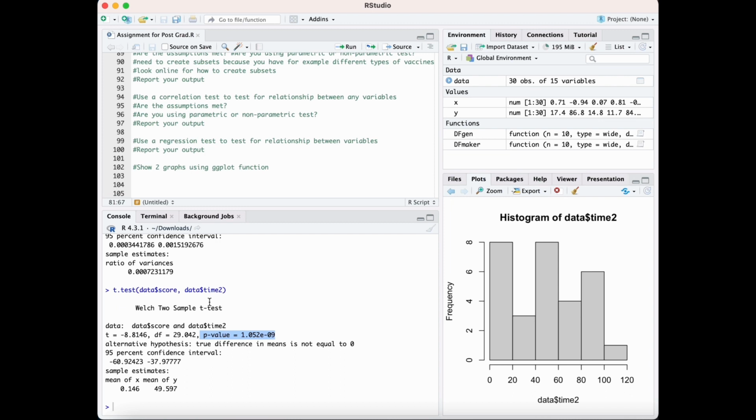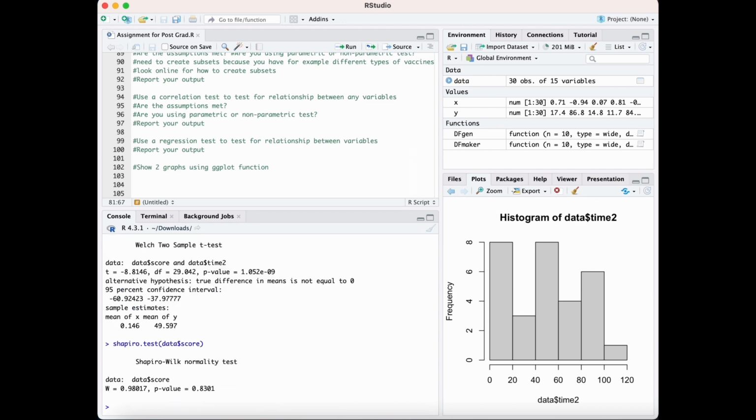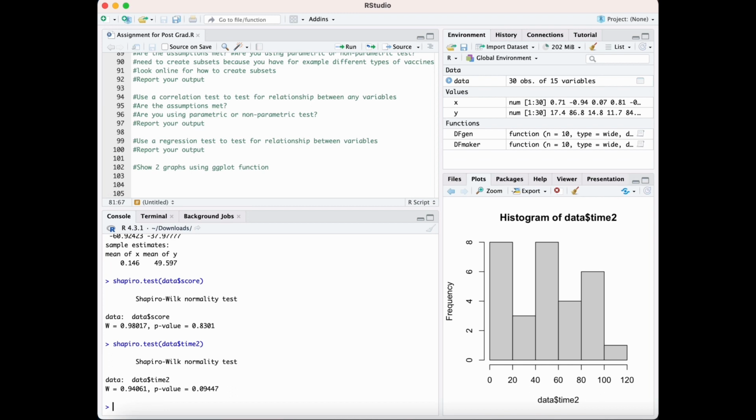The assumption for a correlation is that it is normally distributed. Therefore, I will run it again actually just to show. Shapiro.test, data score. Again, it is normally distributed. Test data time 2. It is normally distributed. So in this case, the assumption is met. Therefore, I will be running a parametric correlation test, which is the Pearson.